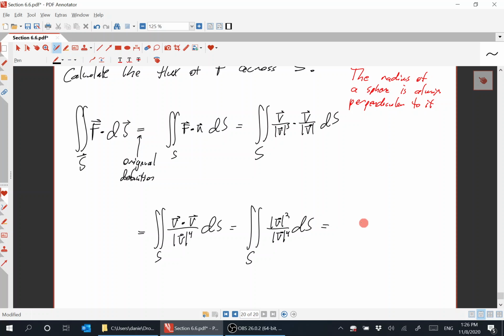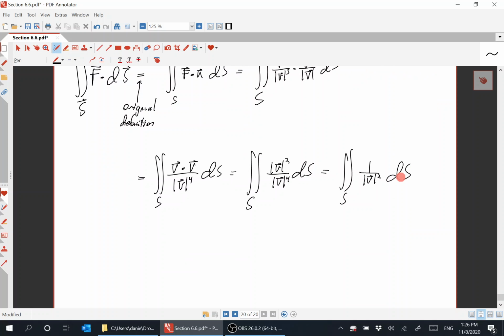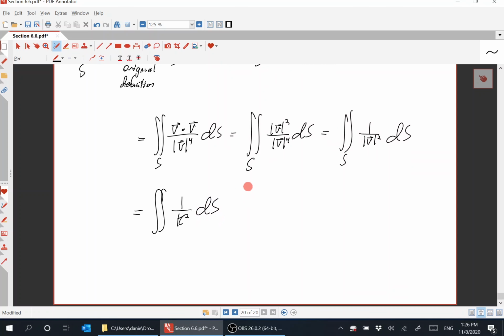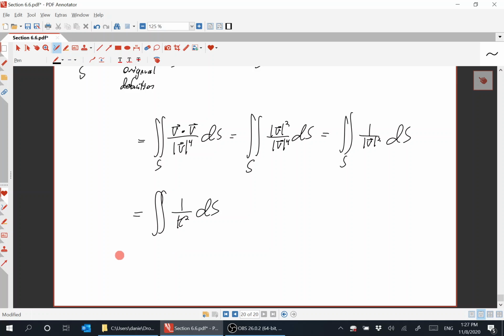So this is 1 over the length of v squared. But S is the sphere of radius k, so the length of v is k, and that's a constant, 1 over k squared.